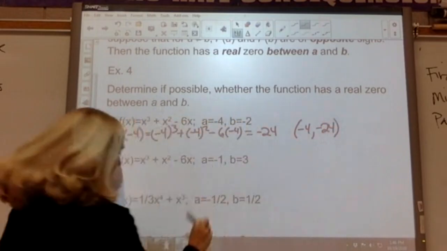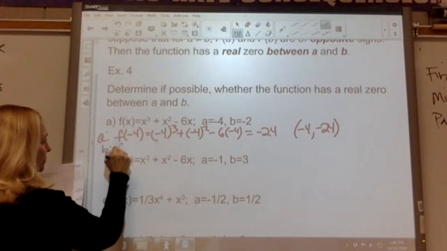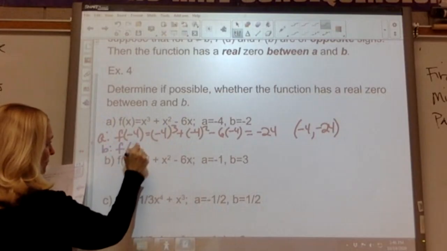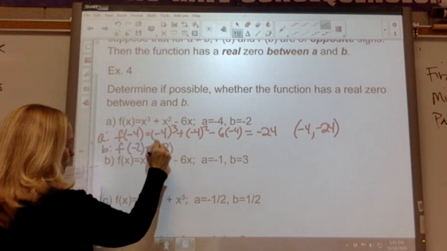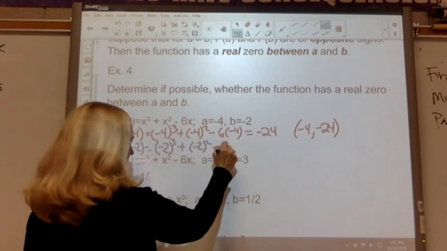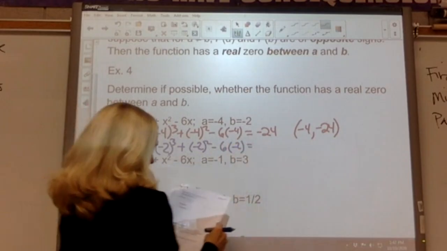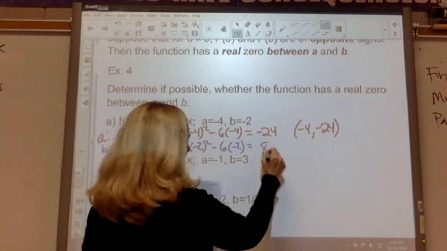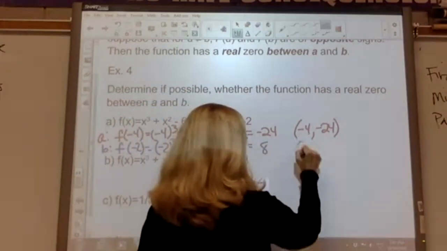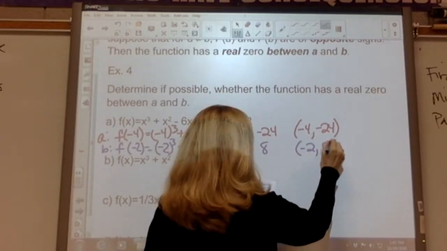And then when you do the next one, you're going to plug in negative 2. And so when you work this out, you get 8. And so that gives you the ordered pair negative 2, 8.